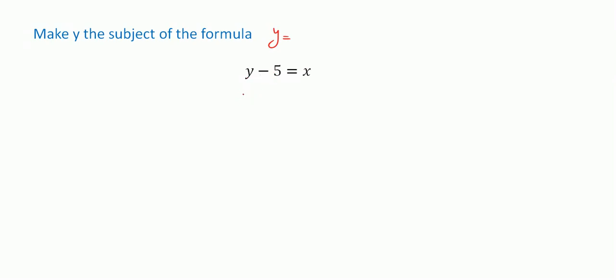If we add 5 on both sides of the equation, we end up with y minus 5 plus 5 equal to x plus 5. Right, minus 5 plus 5 gives us 0, so therefore this becomes y is equal to x plus 5.